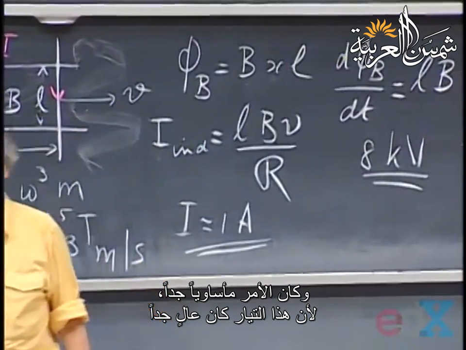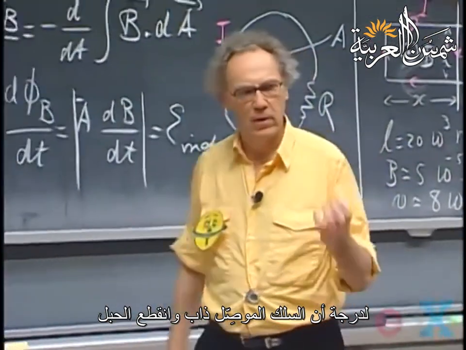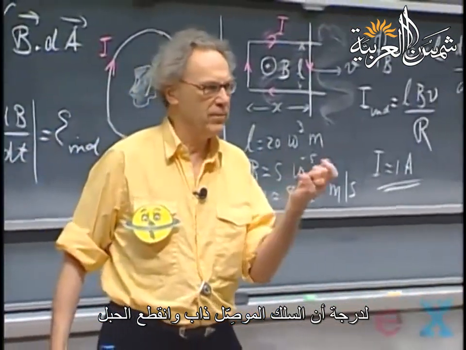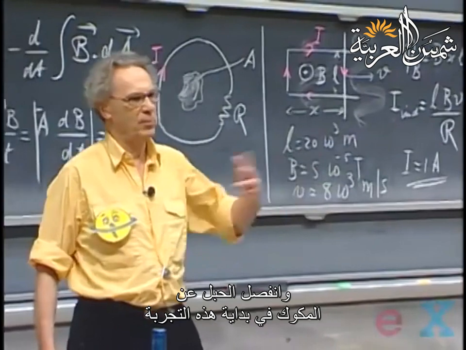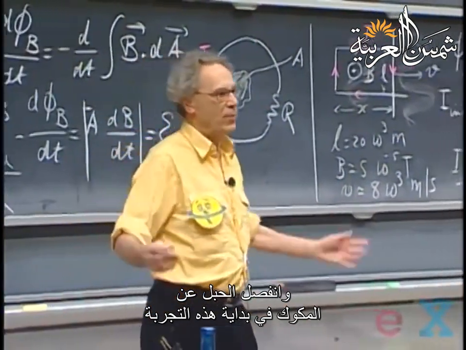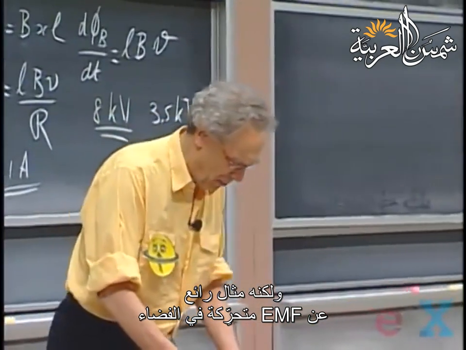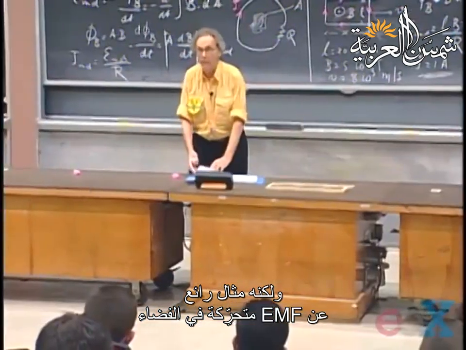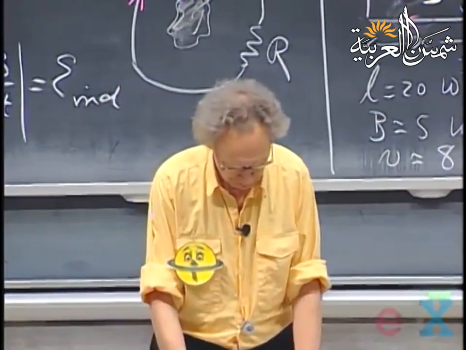It was very tragic, because this current was so high that the conducting wire melted, and the tether broke off, and very early on in the experiment, the tether separated from the shuttle. But it's a marvelous example of where you have motional EMF in space.